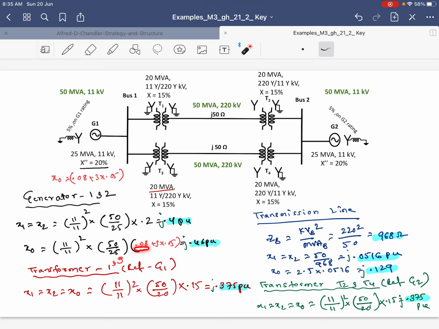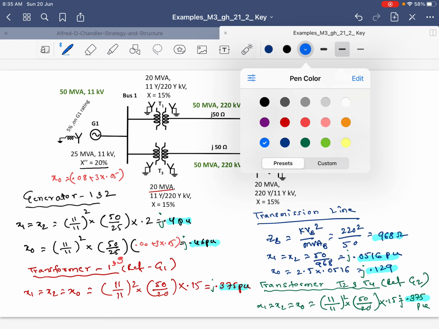I split this into 0.08 into 2. Here it is already multiplied, so you are getting 0.08 only.